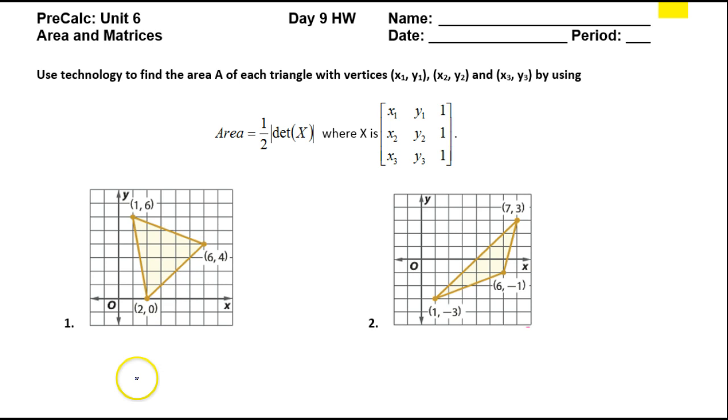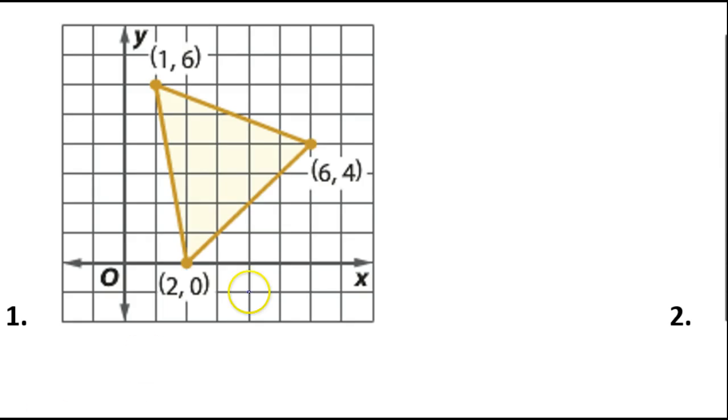Let's do problem number 1, for example. For problem number 1, we are given these three vertices. So I can set up my matrix like this. I'll start here with the point 1, 6. So because of the 1, 6, I'm going to have a 1 and a 6.